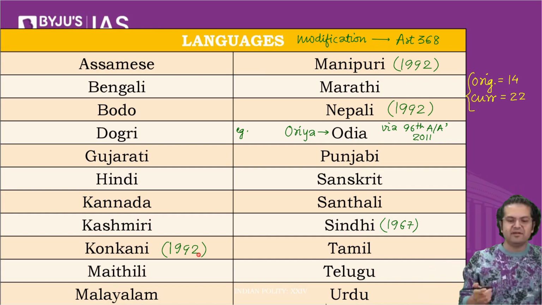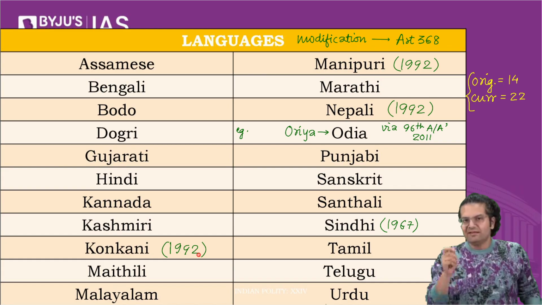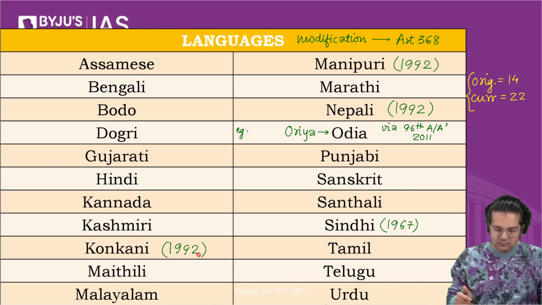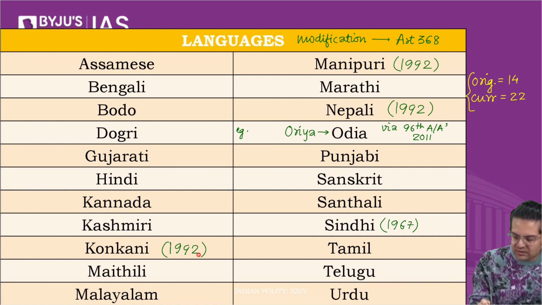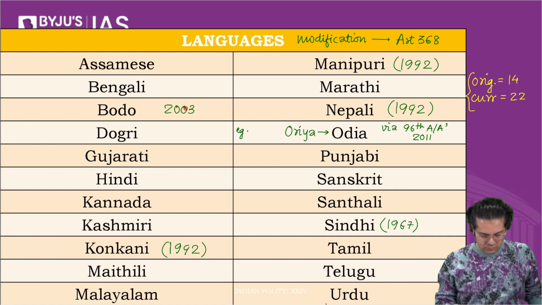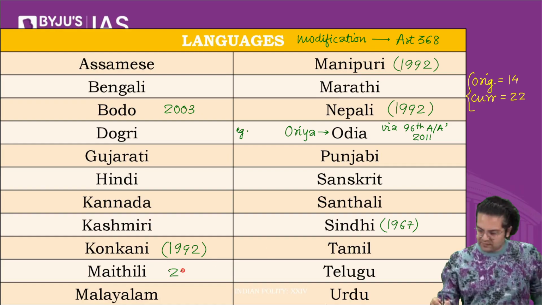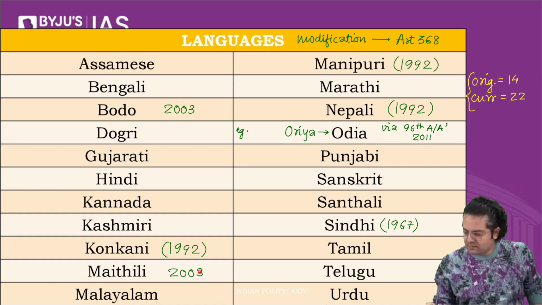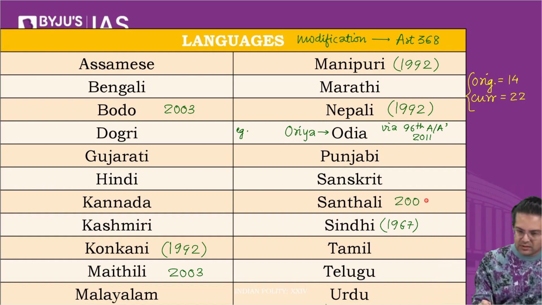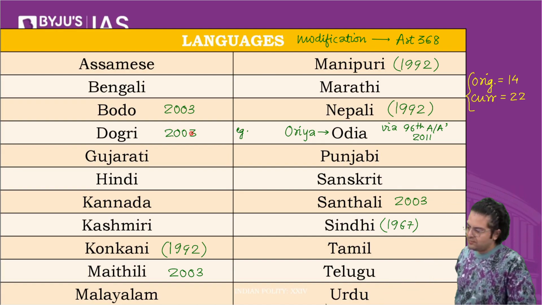And then we have these languages: Bodo, Maithili, Santhali, and Dogri. So this was done in the year 2003. Bodo, Maithili, Santhali, Dogri. It is not required for the examination. I just mentioned this. Okay.